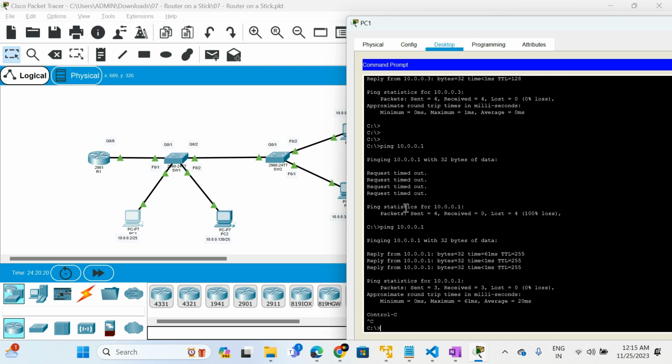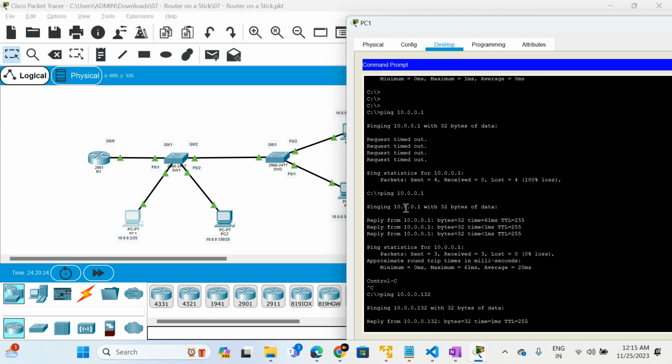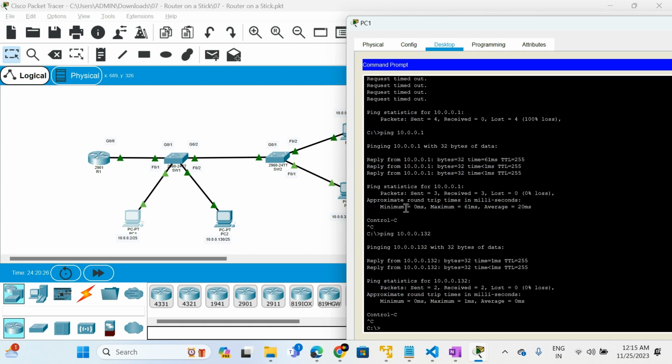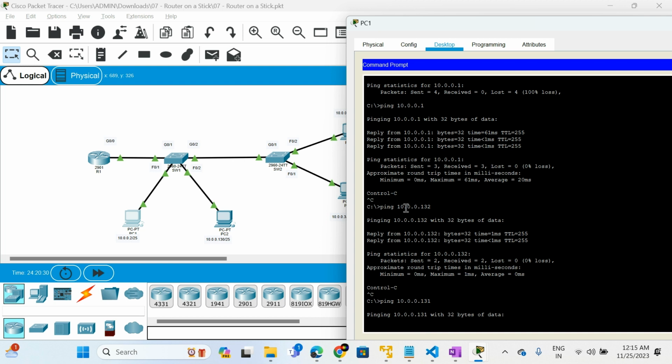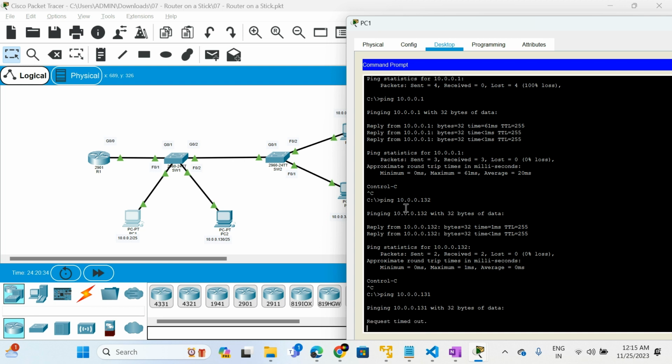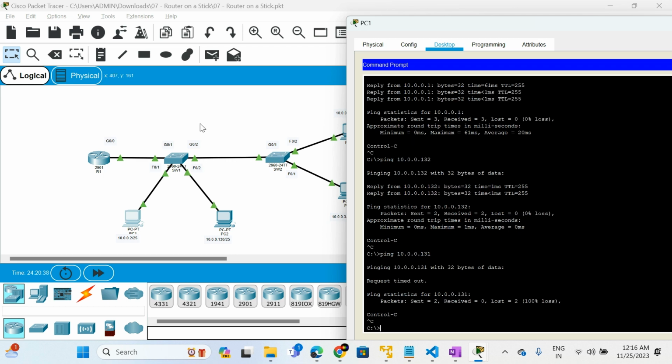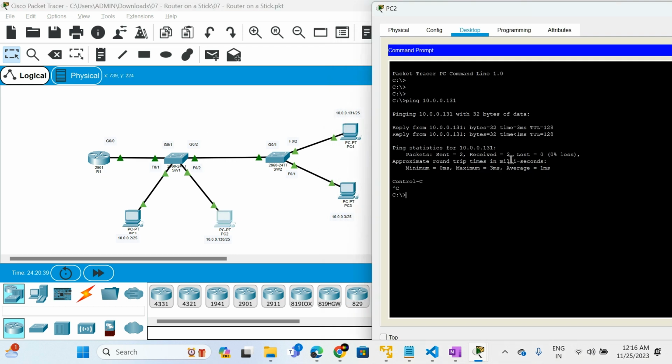Yes, now it's pinging. But if I ping 132, it does not ping. Similarly, when I ping 10.0.0.132, it will ping.